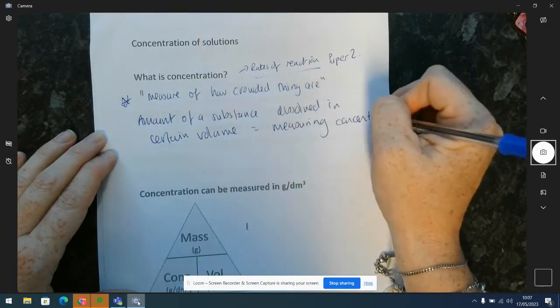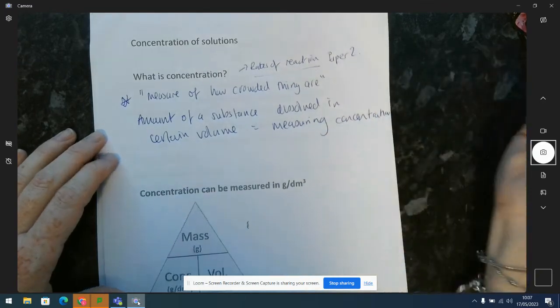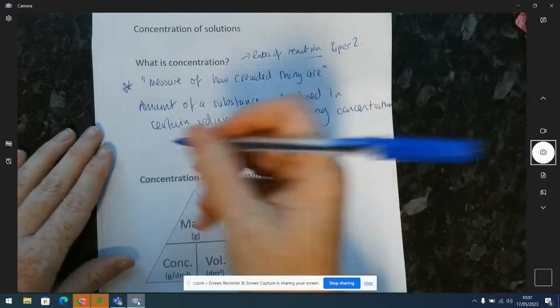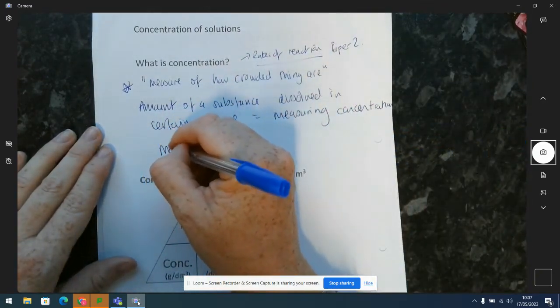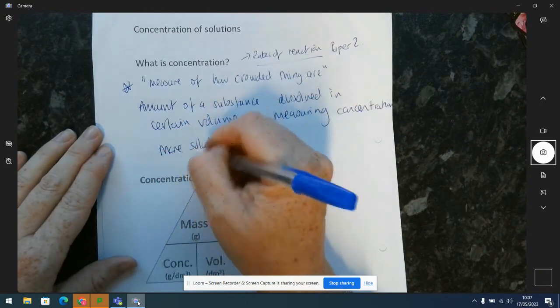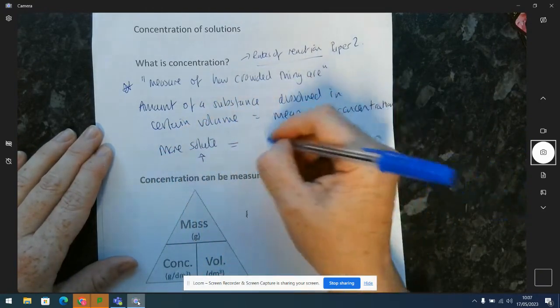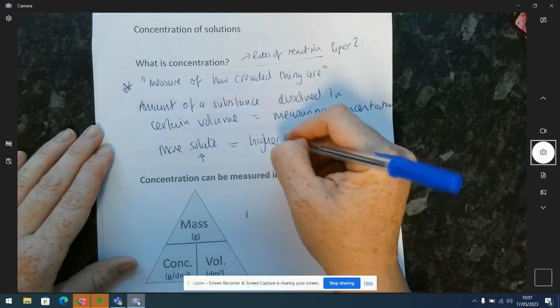So the more substance you have, the higher the concentration. Less substance, the lower the concentration. More solute, which is the solid I'm adding to the solution, the higher the concentration.